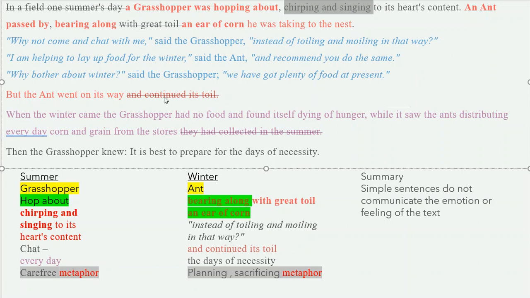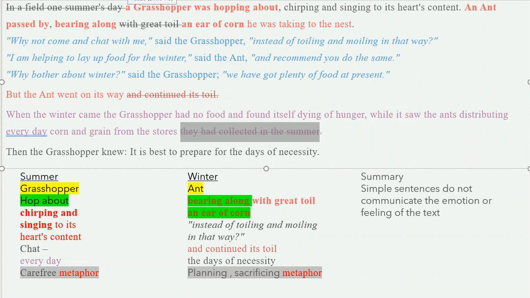What else? Toiling and moiling, all these words, right? Collected food throughout the winter, throughout the summer. You know, every day they had food now because they used this from the stores that they collected in summer.